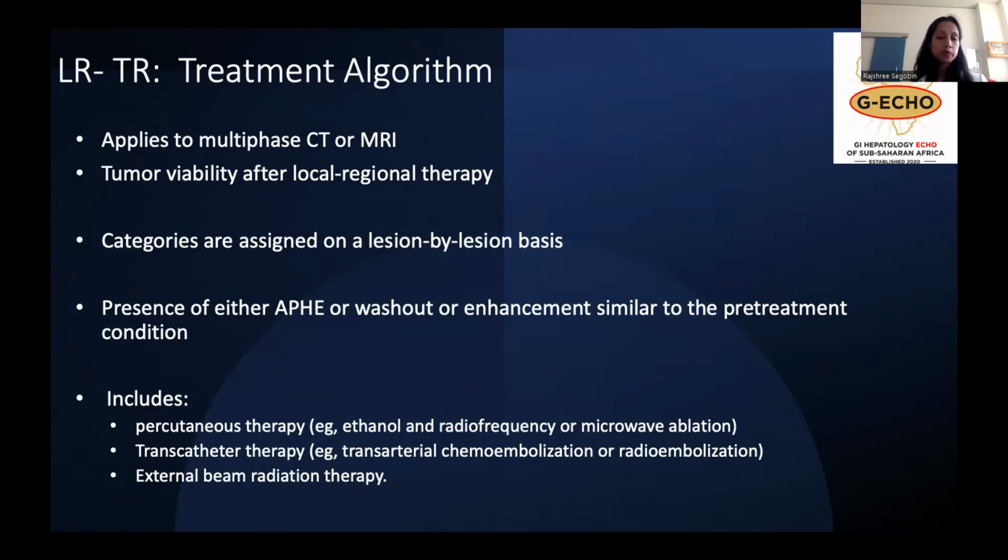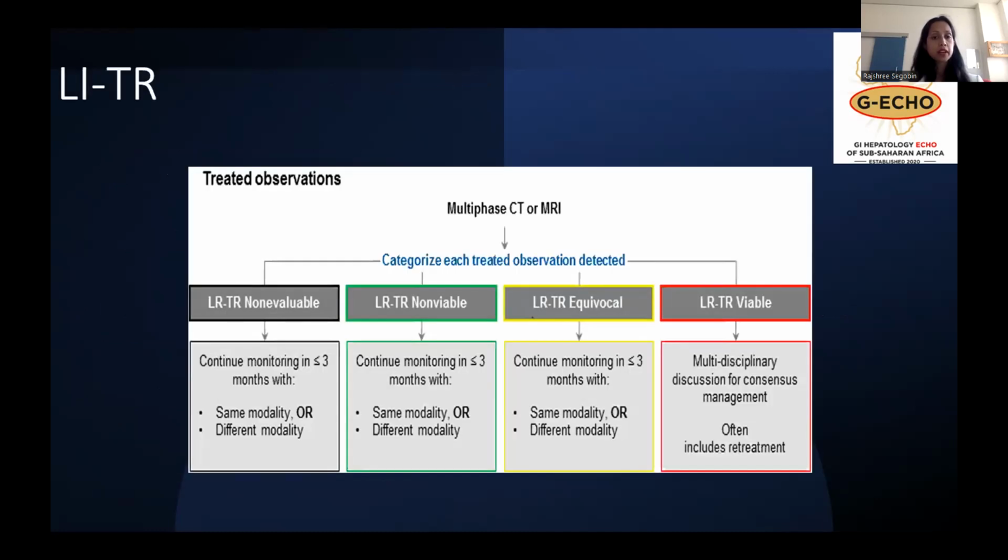And it encompasses both percutaneous therapies, transcatheter therapies such as TACE, or external beam radiation therapies. The aim again is to give certain defined categories such as LIRADS non-evaluable, non-viable, equivocal, and viable, the last one being the LIRADS criteria for viable tumor in a post-treatment HCC that will often require retreatment.